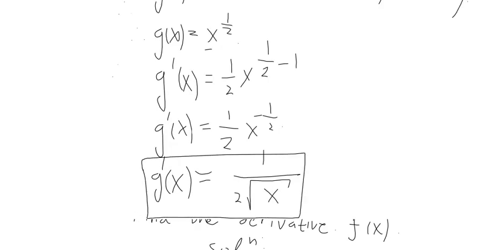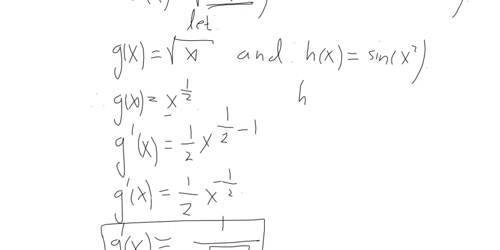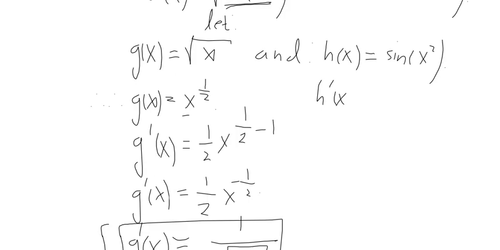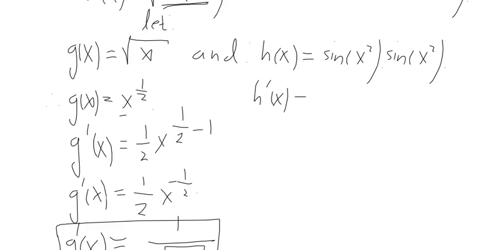Okay, next thing is to look at h of x. h of x was sine of x squared. So h prime of x is equal to cosine of x squared, chain rule the inside. The outer function was sine, the inner function is x squared. So chain rule this, taking the derivative of the inner function and multiplying it will be by 2x.